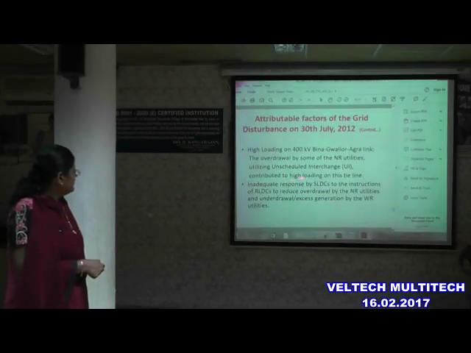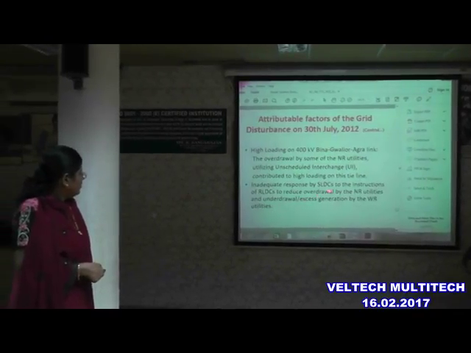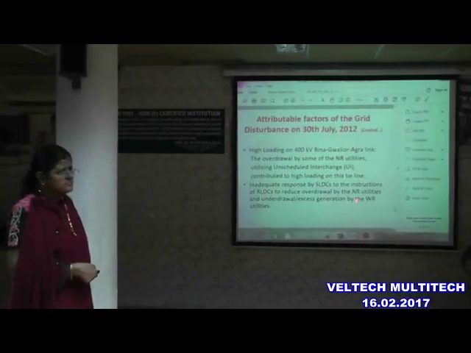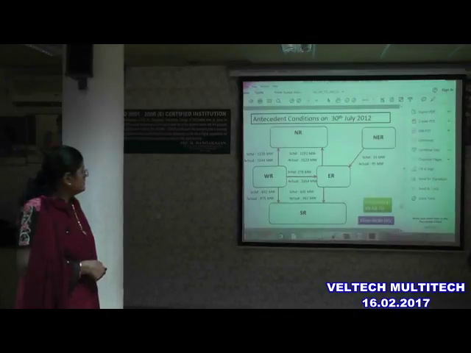So when it is getting overloaded, what happened? Inadequate response by SLDC. Extensions of RLDCs to reduce overdrawn by NR and underdrawn by excess generation by WR. So who is overdrawing? NR. Ultimately NR will overdraw. And who is underdrawing?